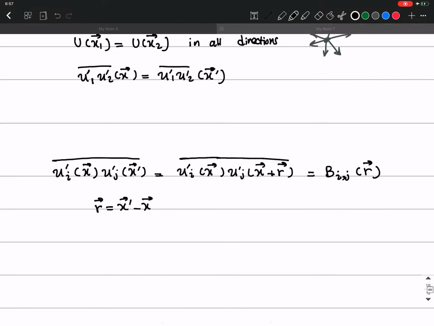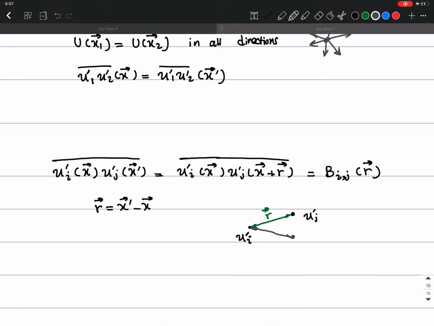So no matter where they are located, when you are calculating these correlations, ui', uj', for different velocity components, the only thing that matters is their distance from each other, r, okay? It doesn't matter if they are located here, or let's say we just rotate this one to here.